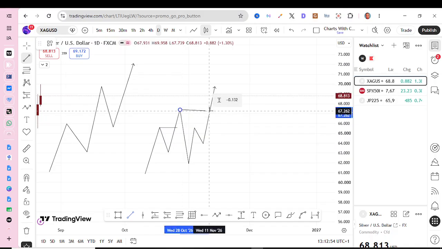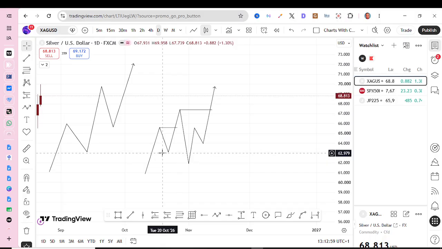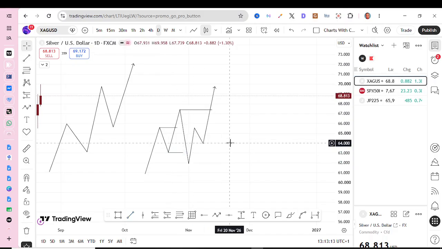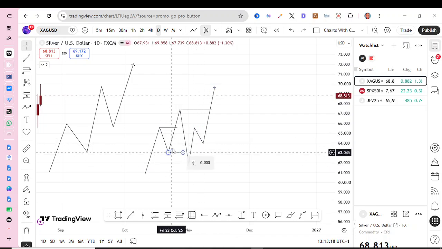If you watch, this is the last pullback before this break, right? So price will take this as the internal range liquidity, and also this pullback is just the same thing like this side.